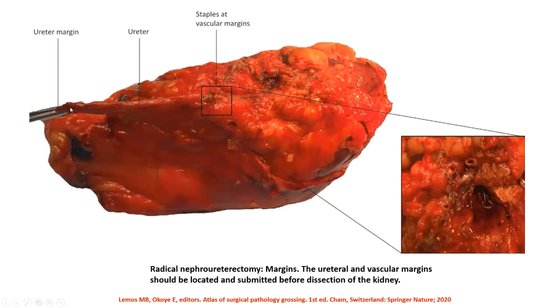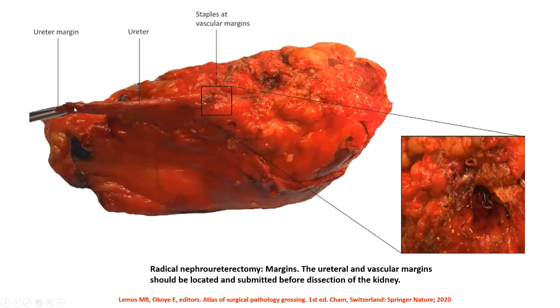You have the ureter, which has been drawn out with a clamp, and you have various staples present at the renal hilar vascular margins. The first job is obviously to take out these staples and snip off the vascular margins at the hilum, along with the snipped off distal end of the ureter.